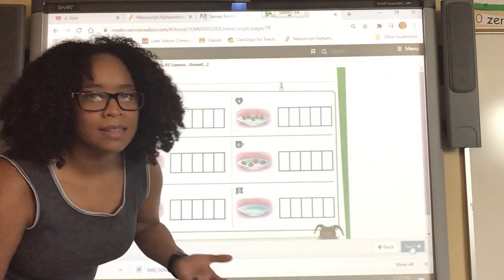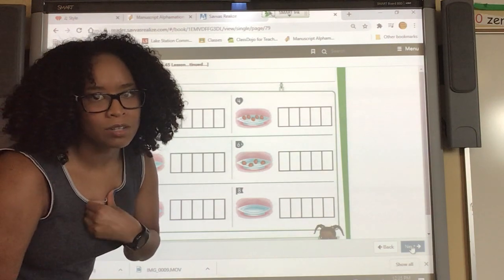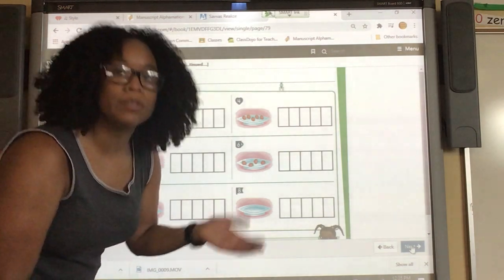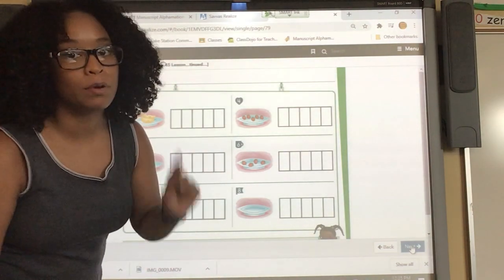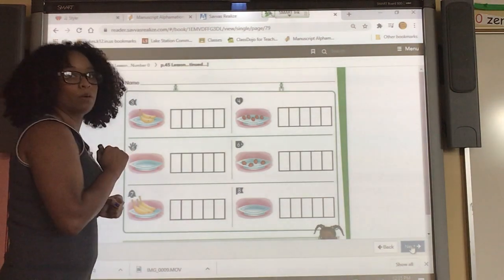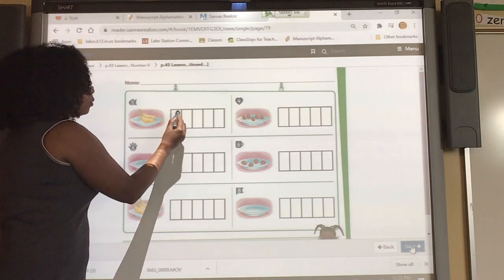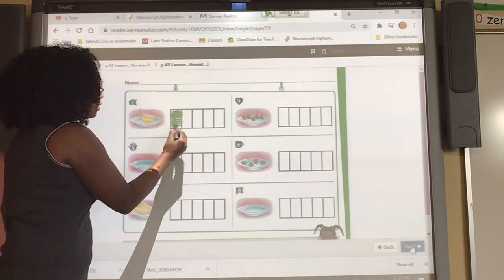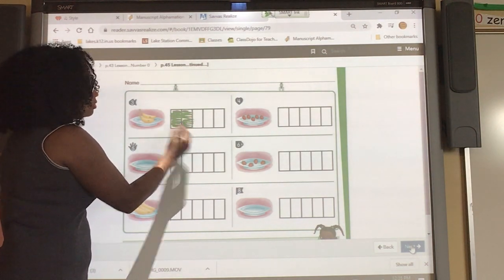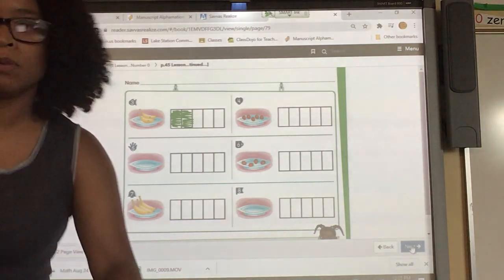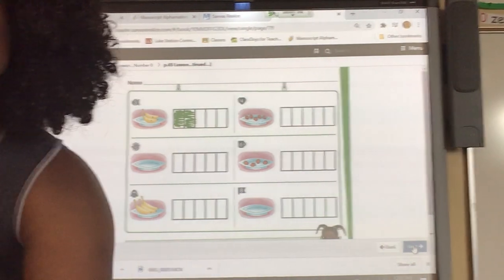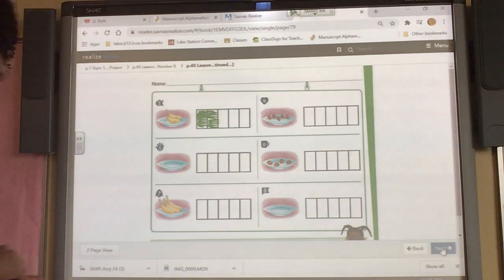And remember what I said that I do when I'm coloring in the rectangles? I count them to make sure that I'm coloring in the right number of rectangles. So here we go. 2 bananas, 2 rectangles we need to color in. 1, 2. So easy, right? I'm gonna move this just a little bit, guys. I'm so sorry. Okay, there we go.